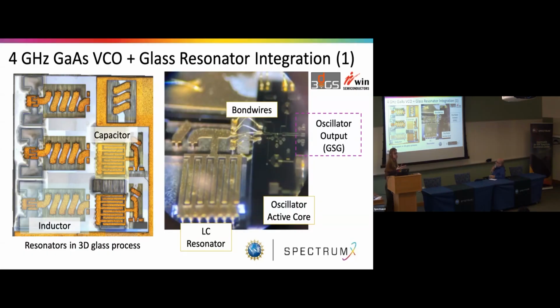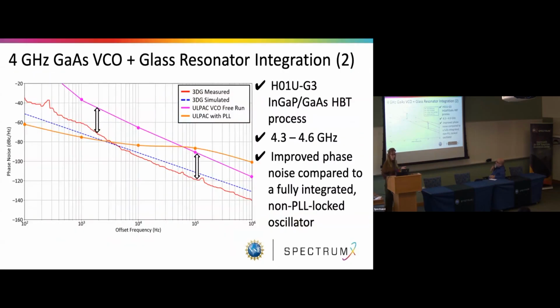The glass resonator is a higher Q resonator if you compare it to, for instance, very integrated structures, and that can give you a lot less loss, higher Q, so a better phase noise performance. How does the phase noise affect your performance? Basically, you have less rotation in the constellation points.